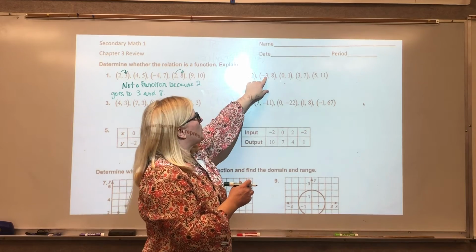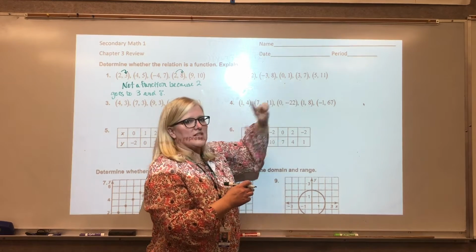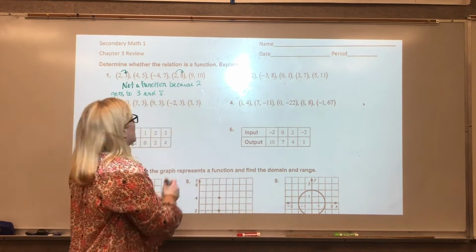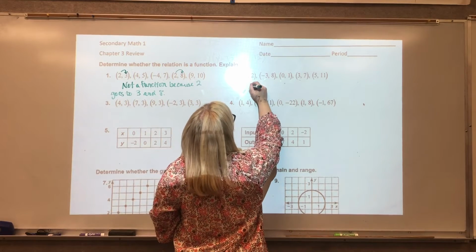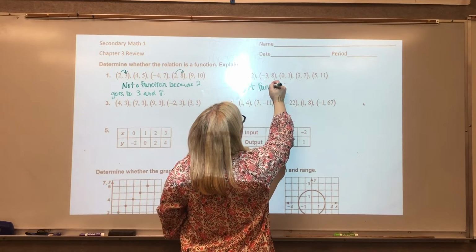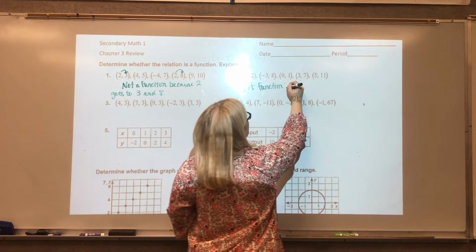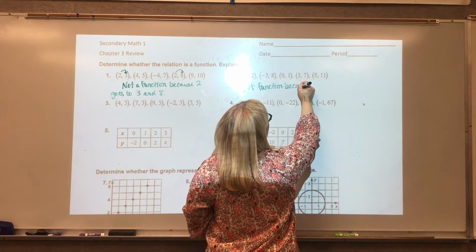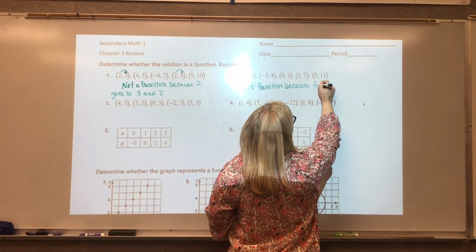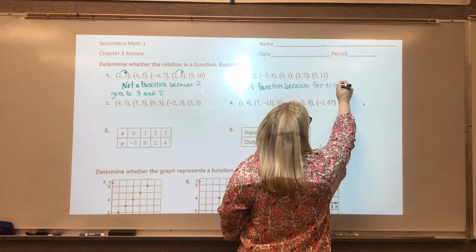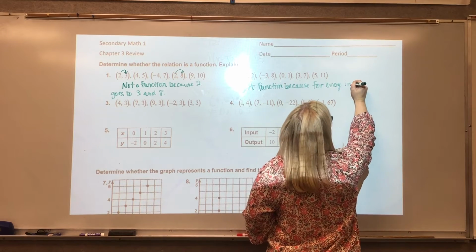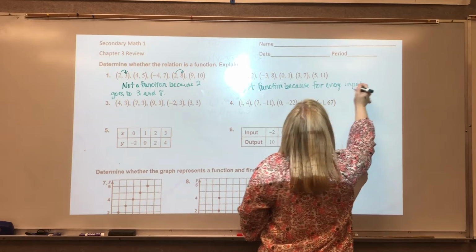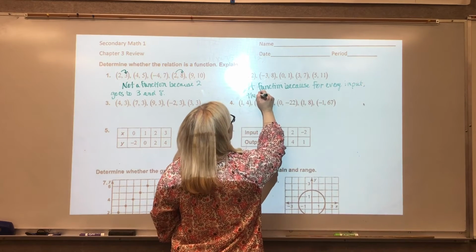But we only have the x values here one time, so they're all going to one thing. So yes, this is a function, because for every input, there is one output.